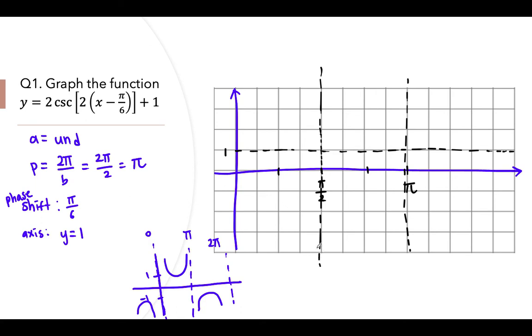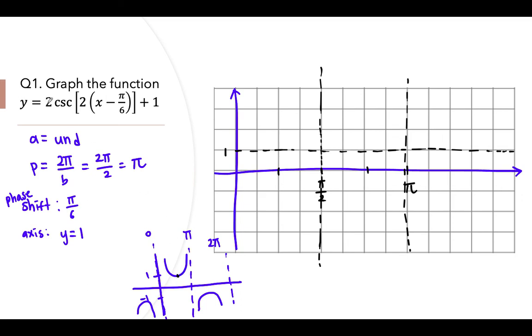Now, you have to label all the points. As you can see, there is the phase shift, but we're going to do the phase shift later. At the minimum point over here, it's not technically a minimum, but the turning point is at 1.